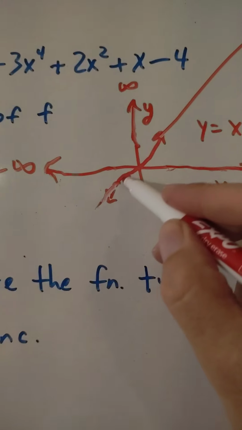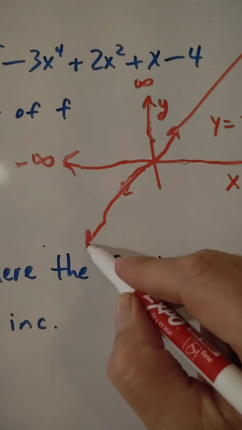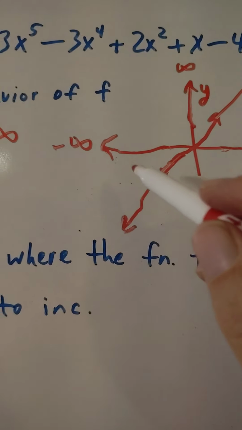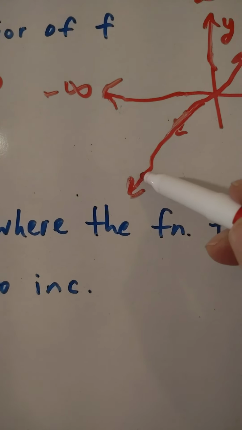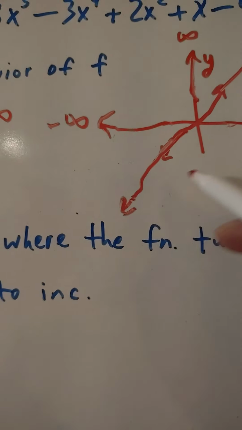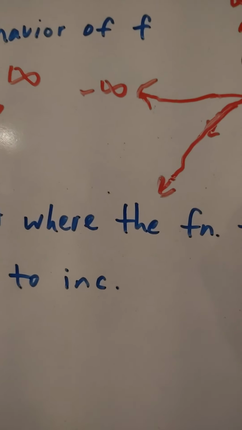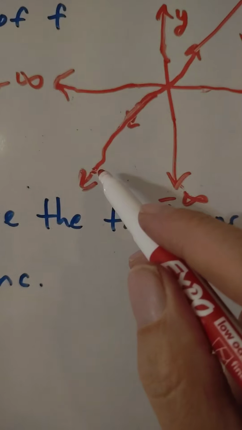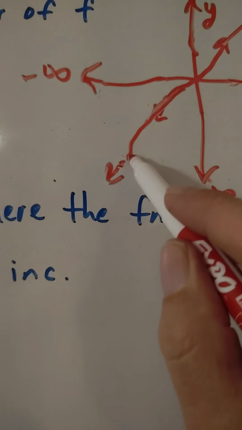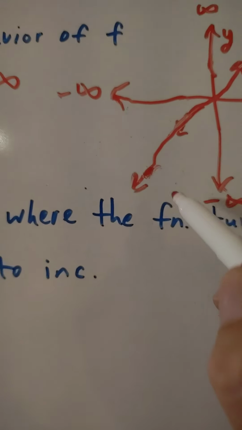As x goes toward negative infinity, isn't it just this bottom part of the graph which comes into play? And isn't it going that way? So as x is going toward negative infinity, what's happening to those y coordinates? Aren't they going toward negative infinity on the y-axis? If I draw a point here, what's the ordered pair of that point?